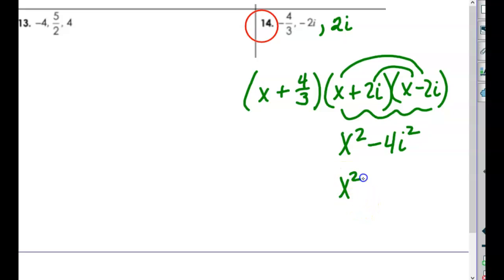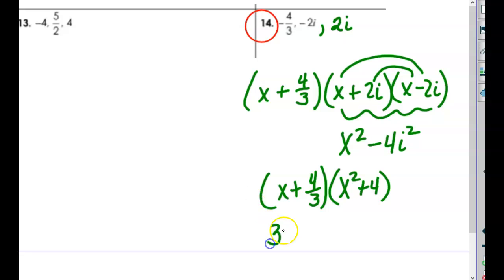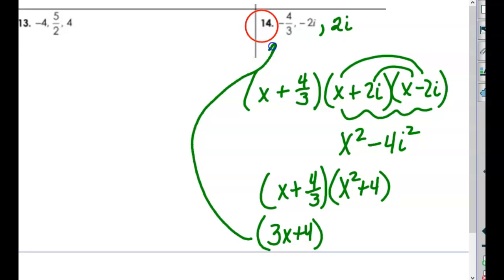Plus 4. So we have an x squared plus 4, and an x plus 4/3. Now, I'm okay with that. Anybody know what we could do to make this look nicer? Yeah, we could make that a 3x plus 4, because it would still have that negative 4/3, right? I don't care. Either one of those I would take for that question because it was just writing one.